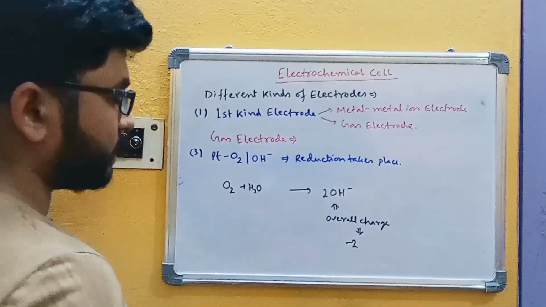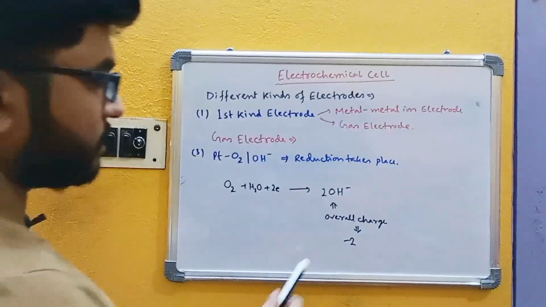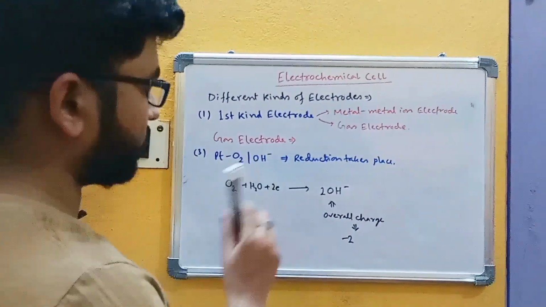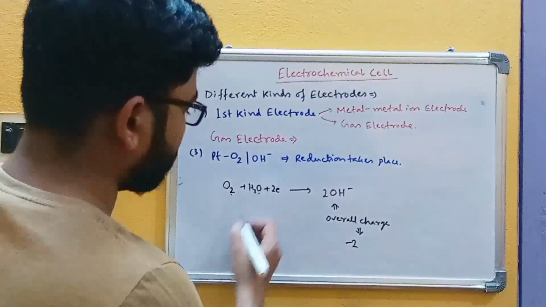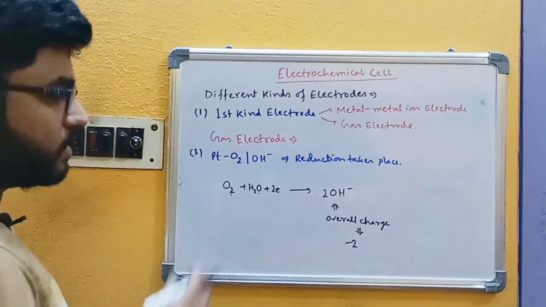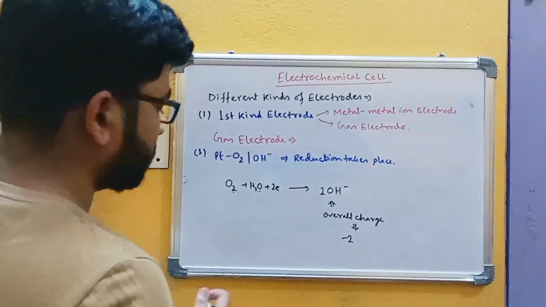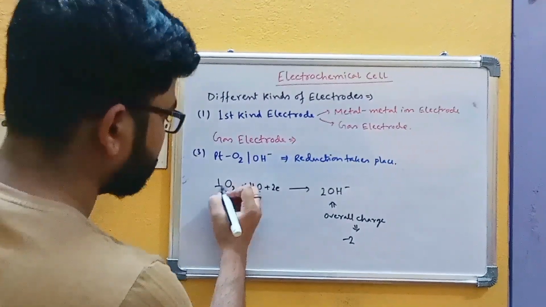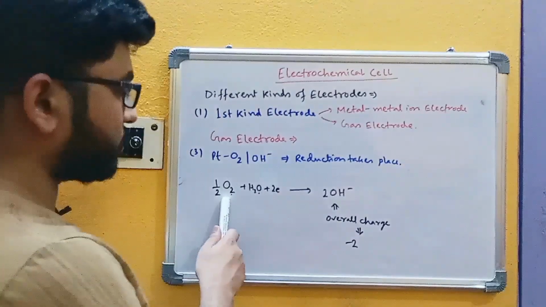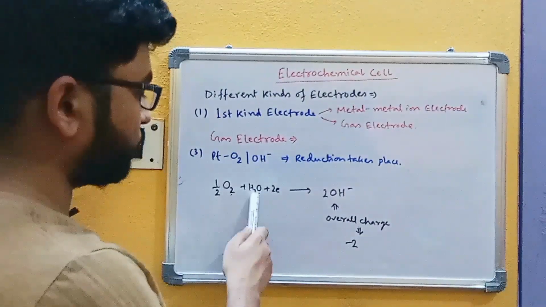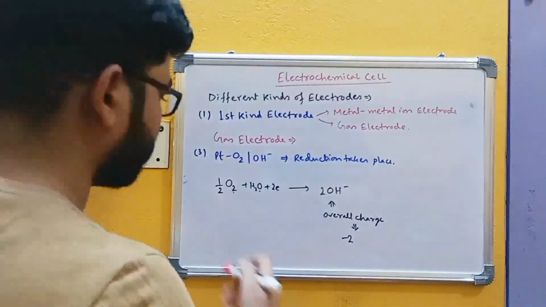So in order to balance the reaction we have to put 2 electrons here, so that this -2 charge is balanced by these 2 electrons. Now look here, total 2 plus 1, 3 equivalents of oxygen are there on the left hand side of the reaction, but here 2 equivalents of oxygen are there. So in order to balance the reaction we put half here. Now there is 1 equivalent oxygen and 1, so overall 2, here also 2. So this is the half cell reaction.